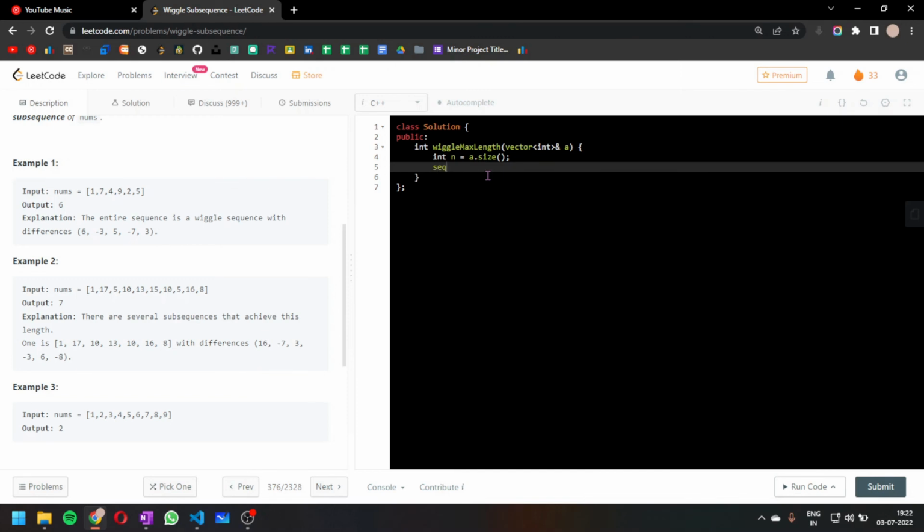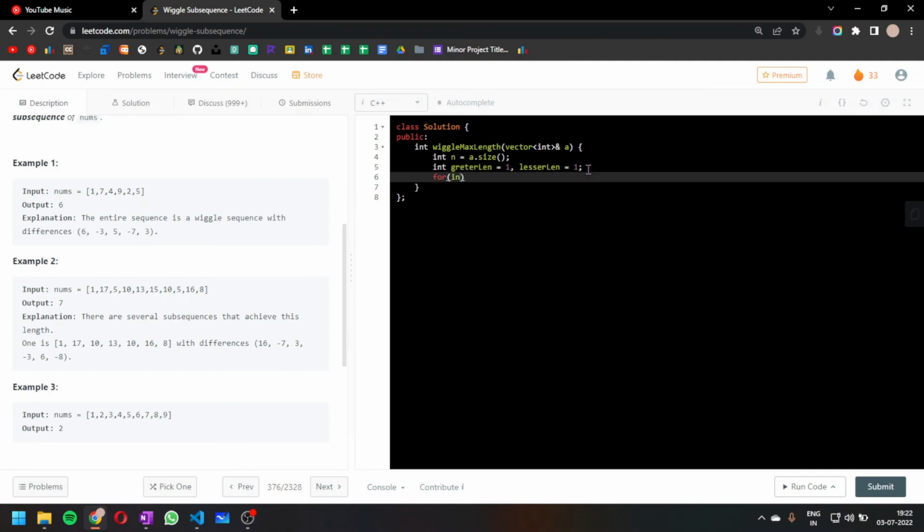So this is the sequence ending at a greater value, and the length of this is 1. More formally we can say greater length, just to keep the name short. And this is also an integer, and again lesser length is also 1. The largest length of a sequence ending at a greater value, and the largest length of a sequence ending at a lesser value.